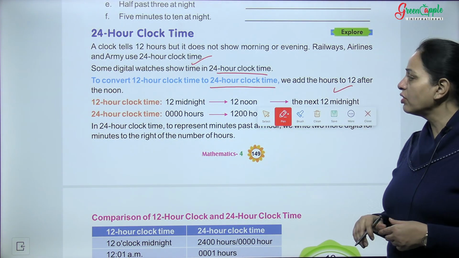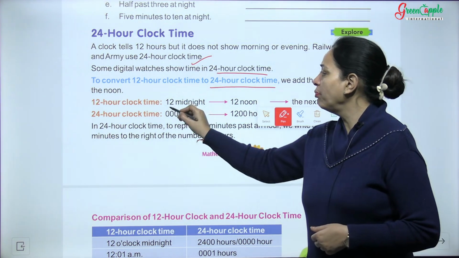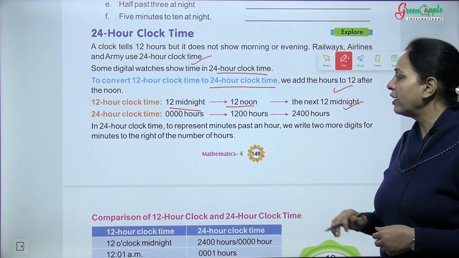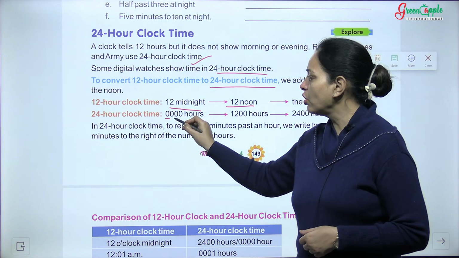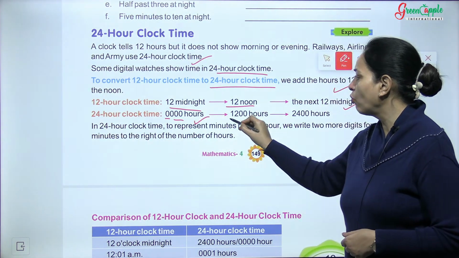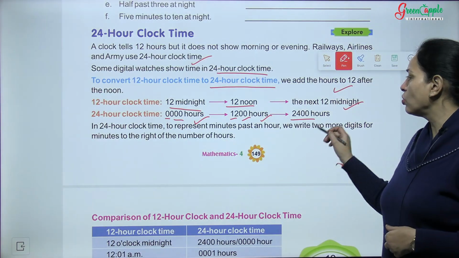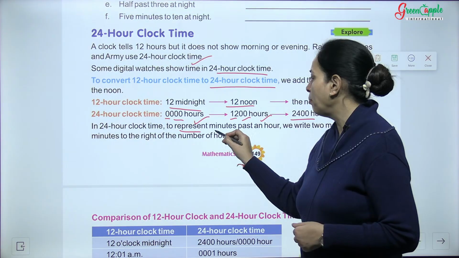We add 12 to the hours after noon. The 12-hour clock runs from 12 midnight to 12 noon, and then to the next 12 midnight, while the 24-hour clock runs from 0000 hours to 12:00 hours to 24:00 hours.